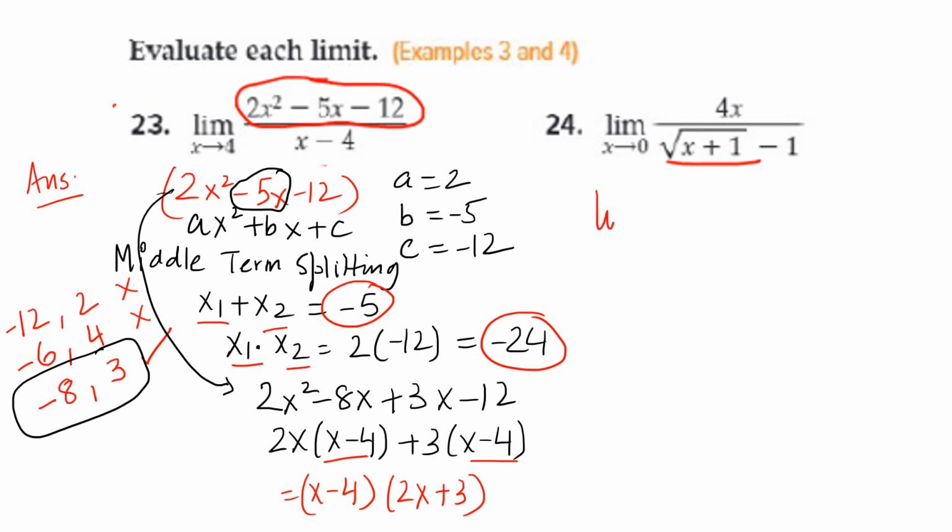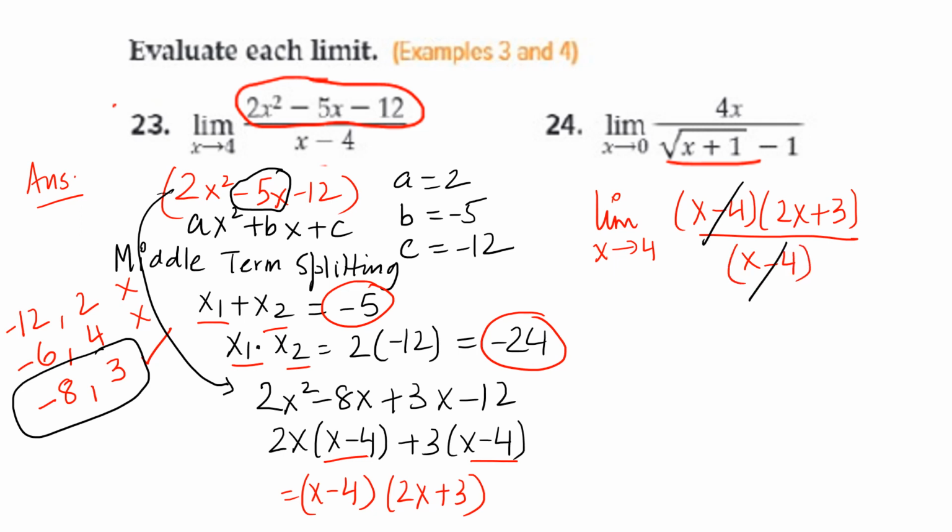Now let's find the limit. Limit x approaching 4. Now I'm going to replace the numerator by the factors. Now the common factor cancels and direct substitution does not fail. Before, if you did direct substitution, you were getting 0 by 0, an indeterminate form.